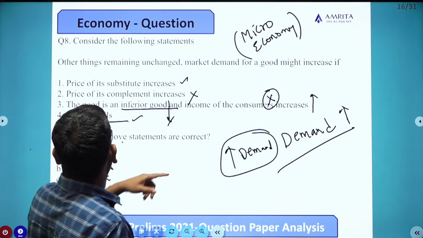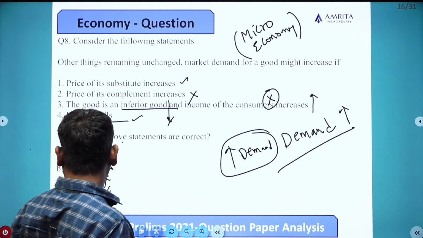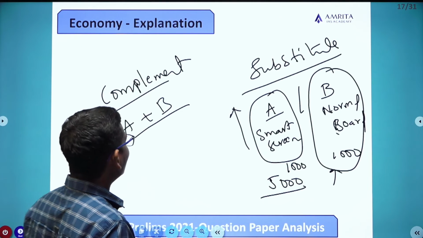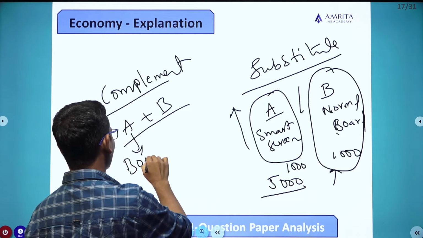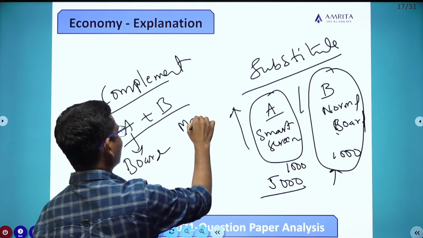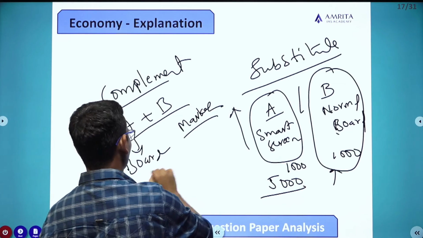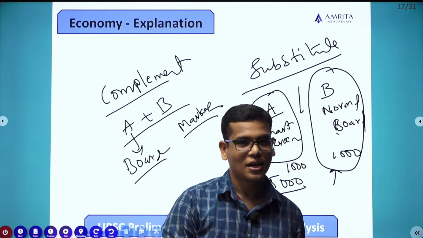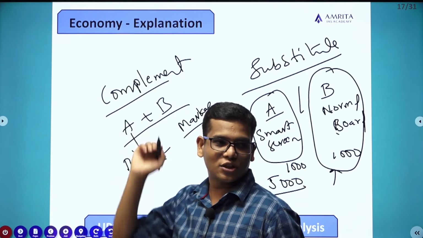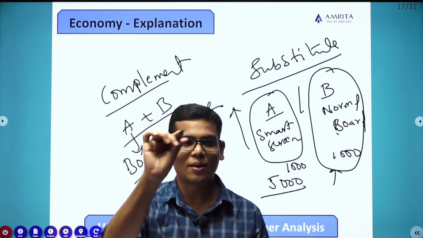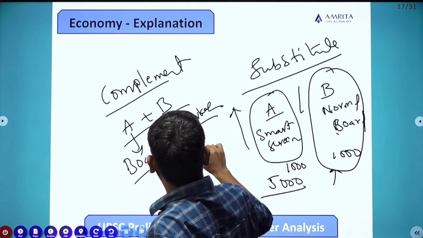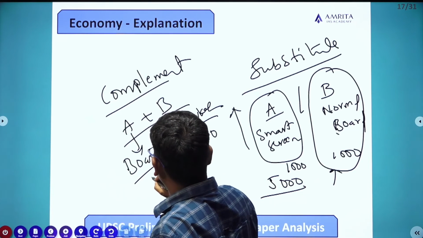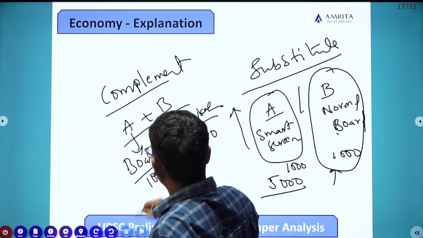Now I will come to the complement: the price of its complement increases. This is the board, and this is the marker. Without the marker, you can't use this board, because the marker is compulsory to use the board. Just assume my marker costs 500 rupees and the board costs 1000 rupees.